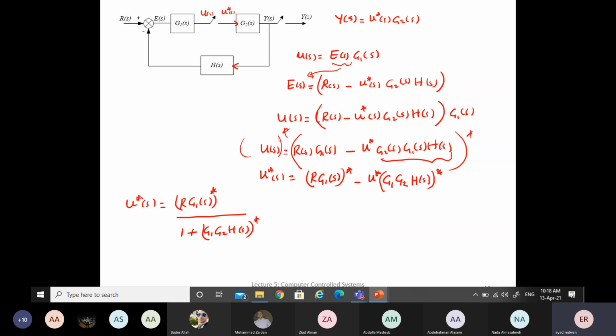Now you substitute this into this, but before that I will write Y from this equation. Y star of S, what does it equal? Take the star of both sides. This is already a star term, so I can separate it out: U star times G2 of S star.